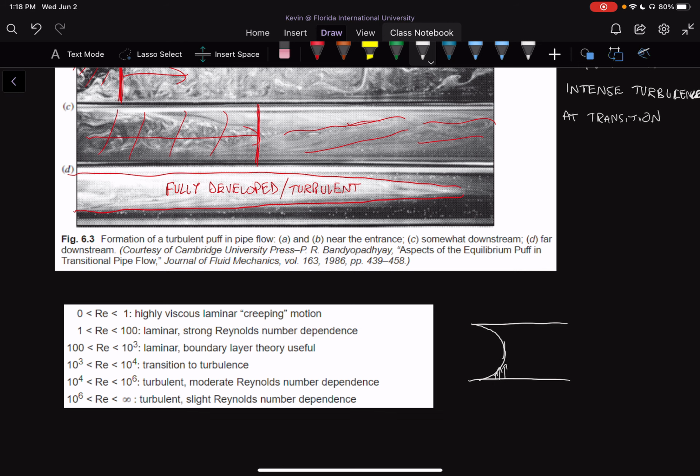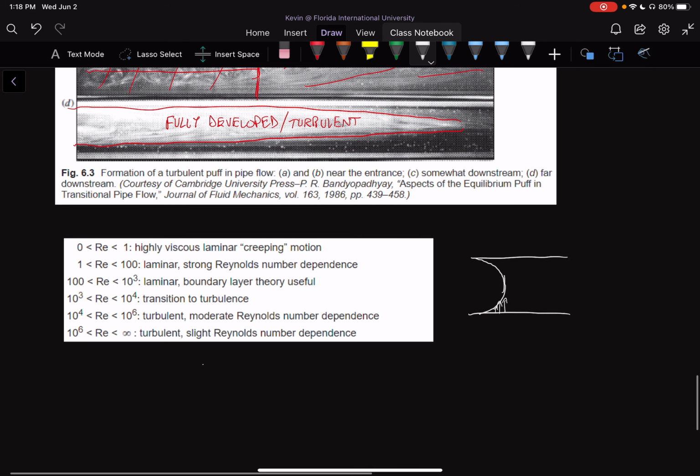Now, which regions are we interested in for our study? Well, we're really interested in two regions. One of the regions that we're not interested in, because it's very hard to gauge what is happening, is our transition region.